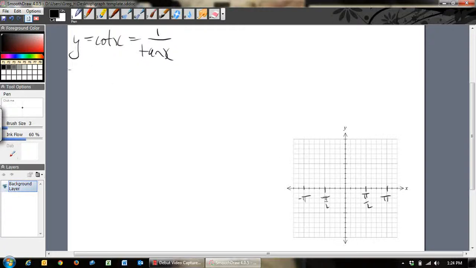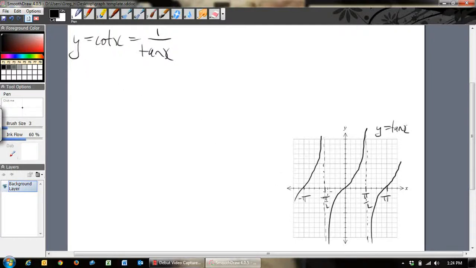The graph of tan x has its own asymptotes at pi on 2, negative pi on 2, etc. The graph of tan x comes up, goes across at 45 degrees and goes up like that, and it keeps repeating. So that's the graph of y equals tan x.